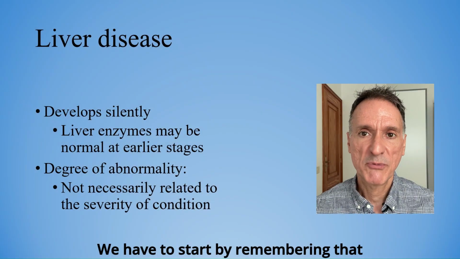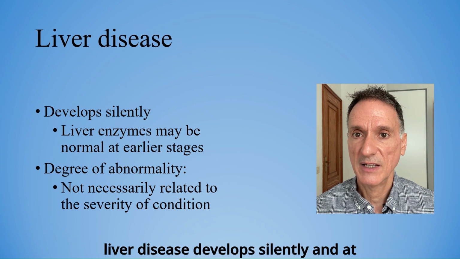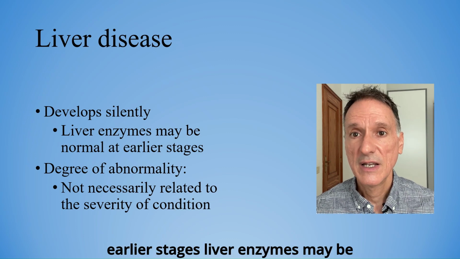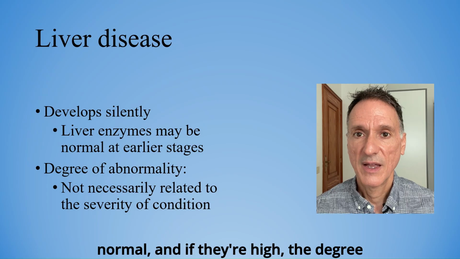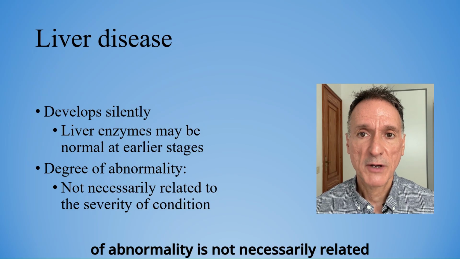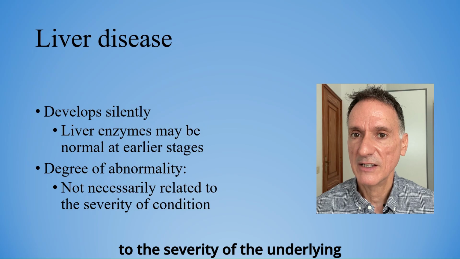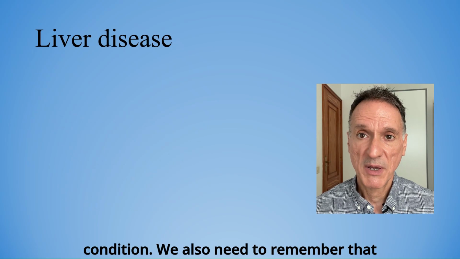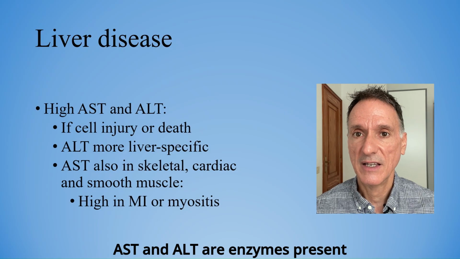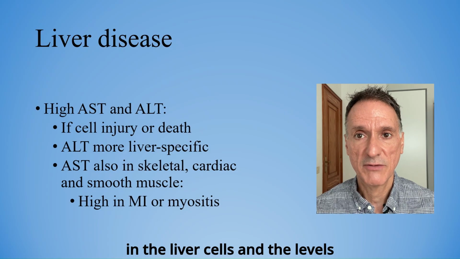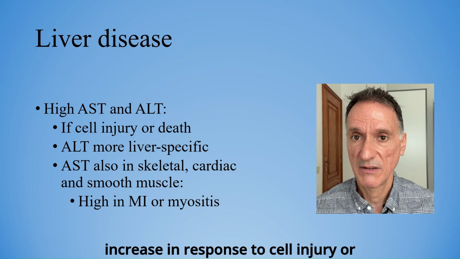We have to start by remembering that liver disease develops silently, and at earlier stages, liver enzymes may be normal. And if they're high, the degree of abnormality is not necessarily related to the severity of the underlying condition. We also need to remember that AST and ALT are enzymes present in the liver cells, and the levels increase in response to cell injury or death.